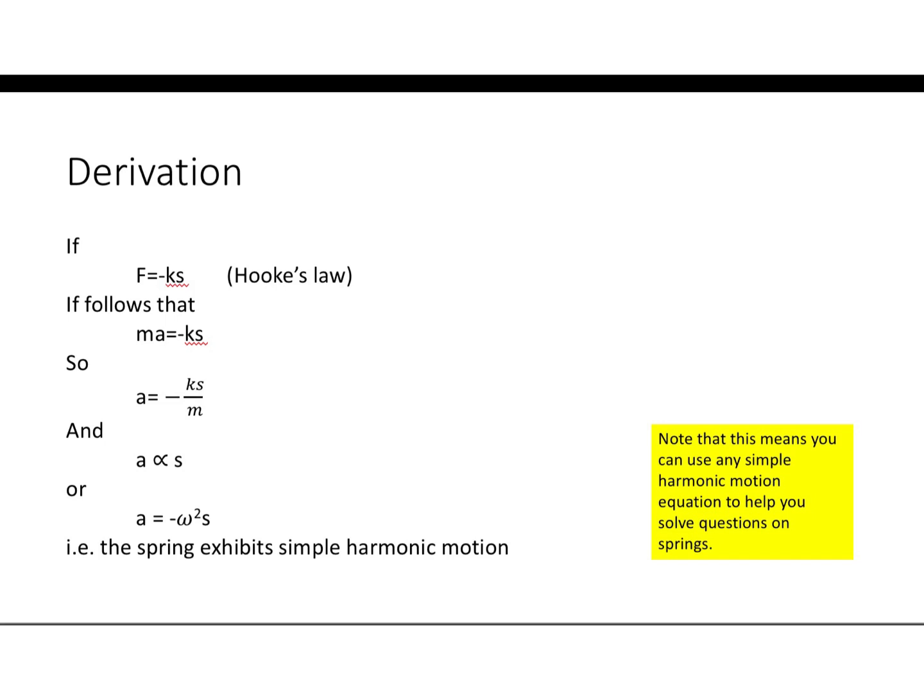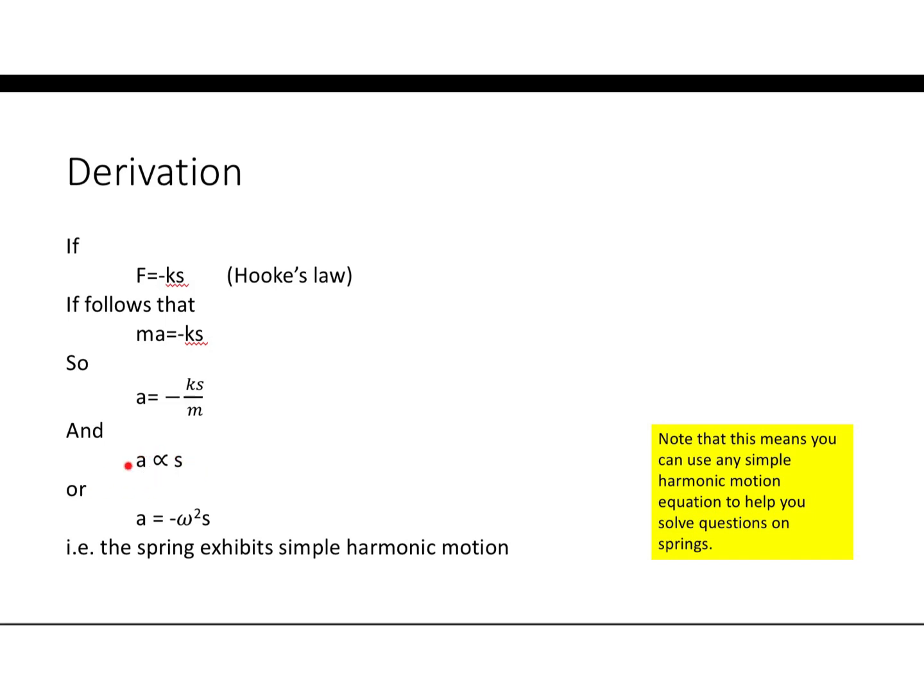Now, you'll see where we're going with this in a bit, but we're going to make a the subject of the formula. So we divide both sides by m, and that leaves us with a is equal to minus Ks over m. So this follows on to the idea that a, our acceleration towards the equilibrium position, is proportional to the displacement from the equilibrium position, which means that it follows simple harmonic motion.